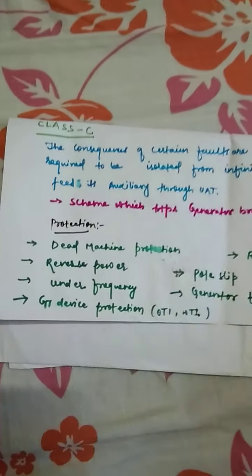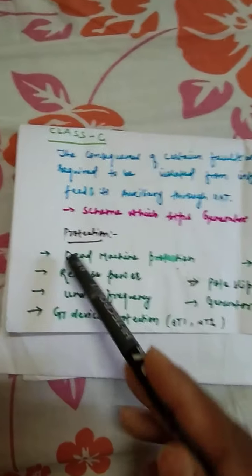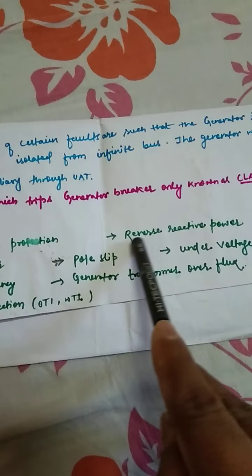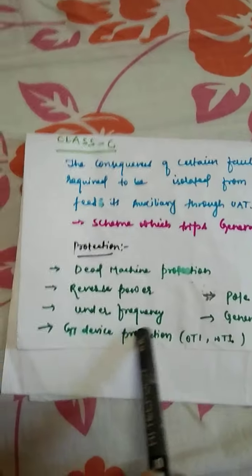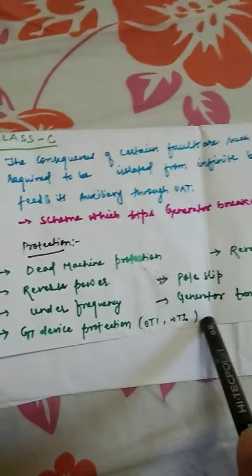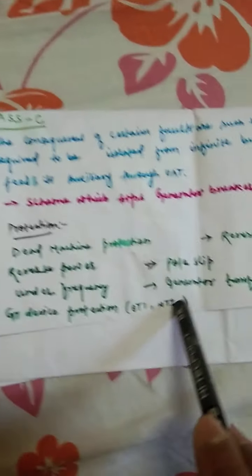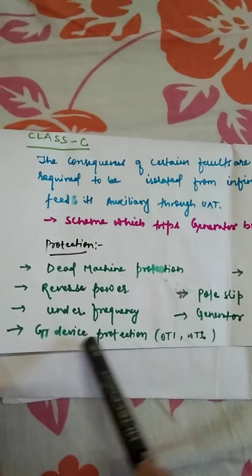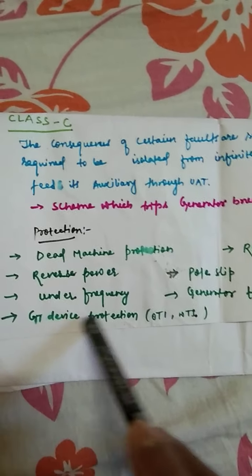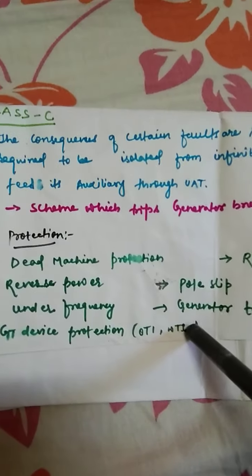Now what are the protections that come under class C? Dead machine protection, reverse reactive power, reverse power, pole slip, under voltage, under frequency, generator transformer overflux, GT device protection. What are the generator transformer device protections? OTI, WTI. If there is a problem in the generator transformer, then we need to isolate only the generator transformer.